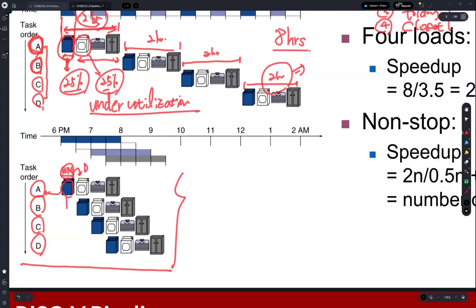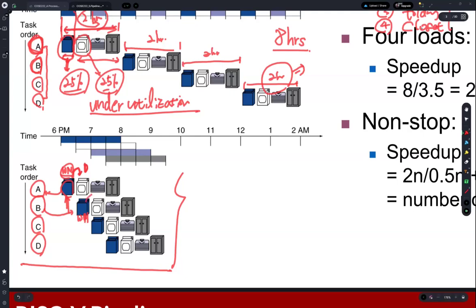And then we can observe that the washing machine is empty. So what does that mean? This washing machine can receive a new task because this washing machine is empty, right? And also the task A is transferred to the dryer, so we can give new task B to the washing machine, okay?